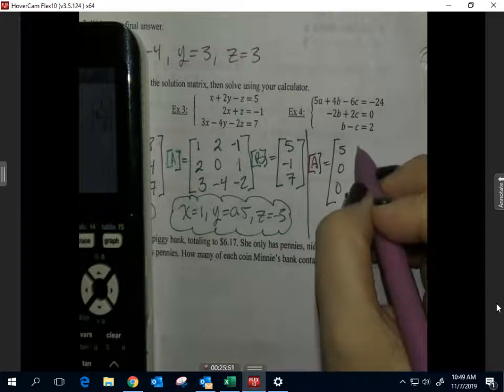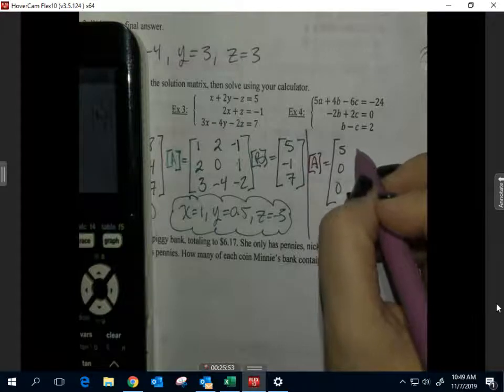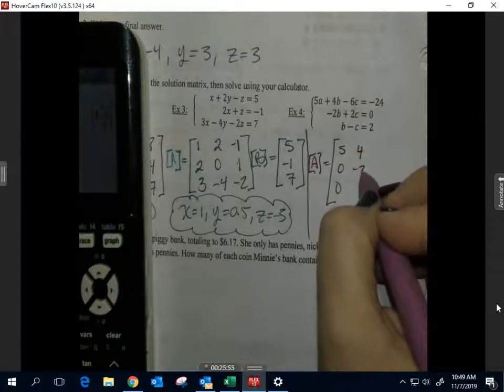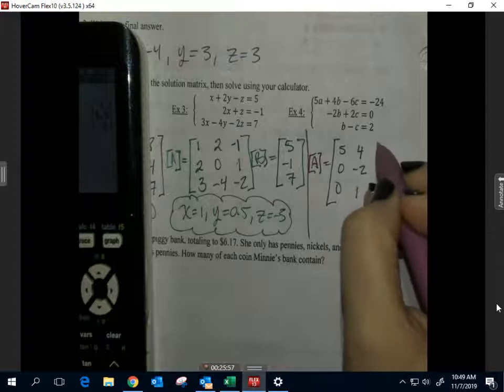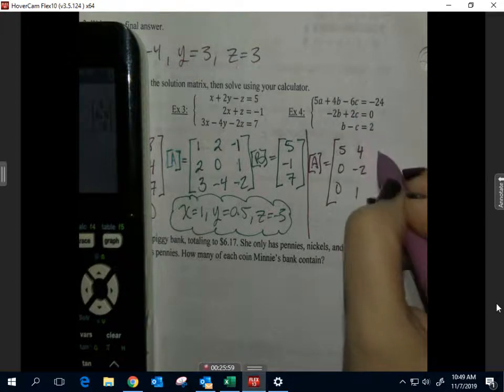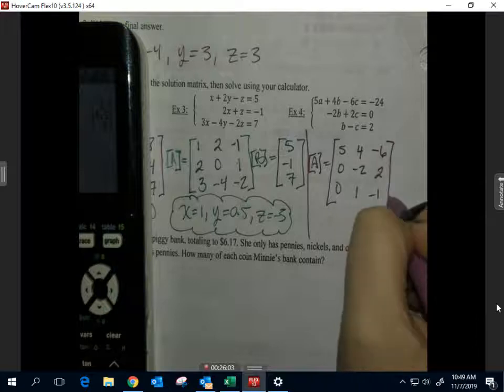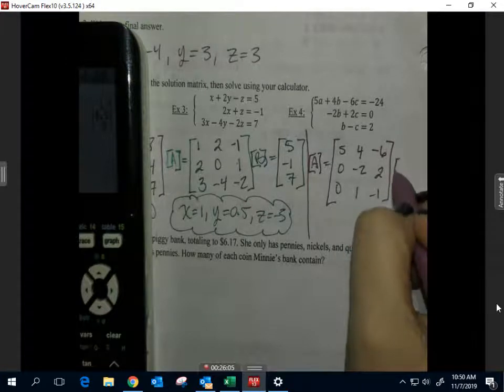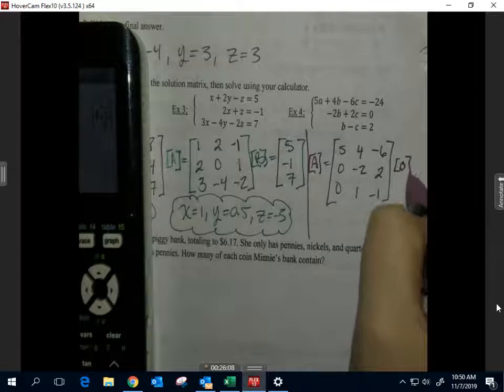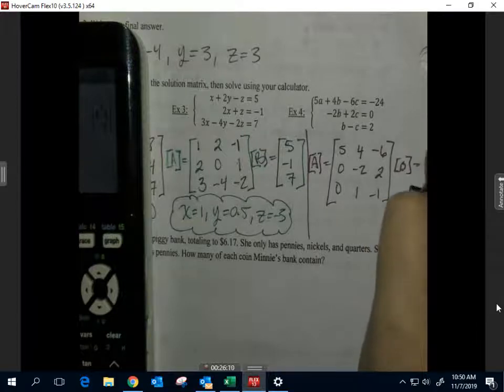Okay. My coefficients for B, and my coefficients for C. Now my B matrix. (24, 0, 2).